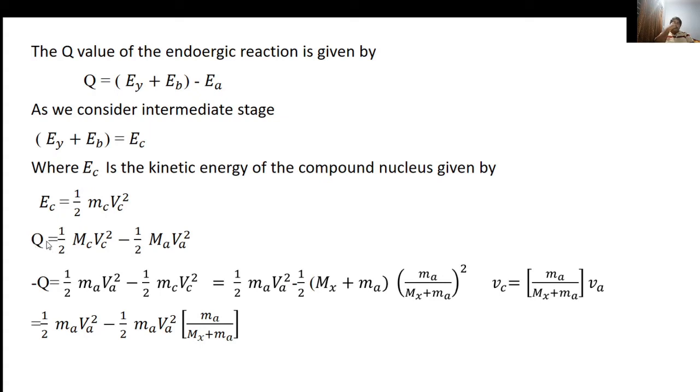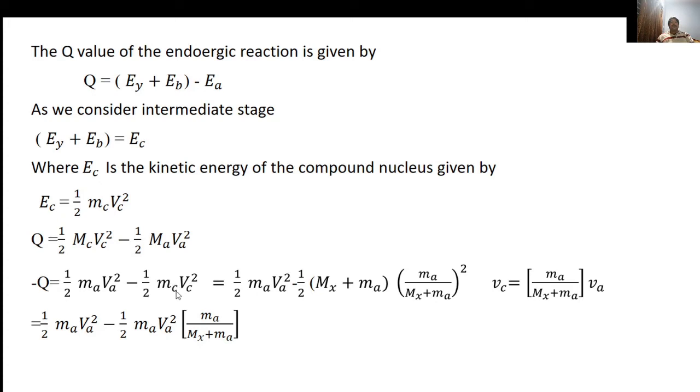Therefore, Q is equal to 1/2 mc Vc² minus 1/2 ma Va². Multiplying this equation by a negative sign, we get minus Q is equal to 1/2 ma Va² minus 1/2 mc Vc².